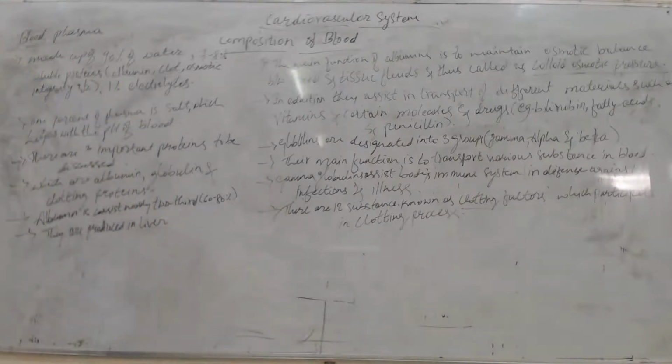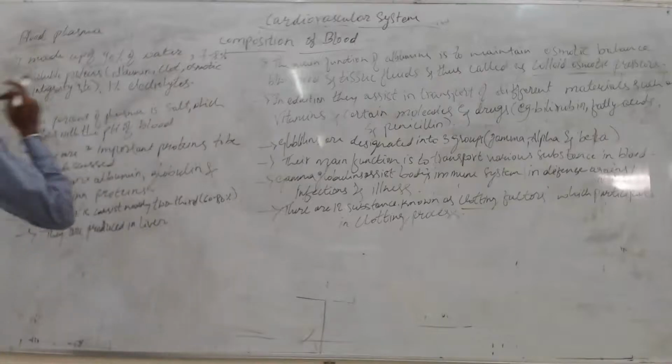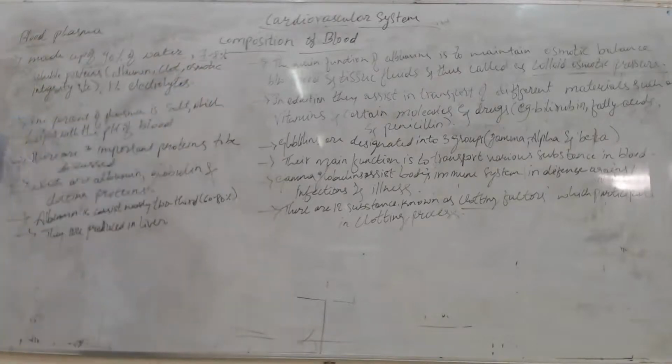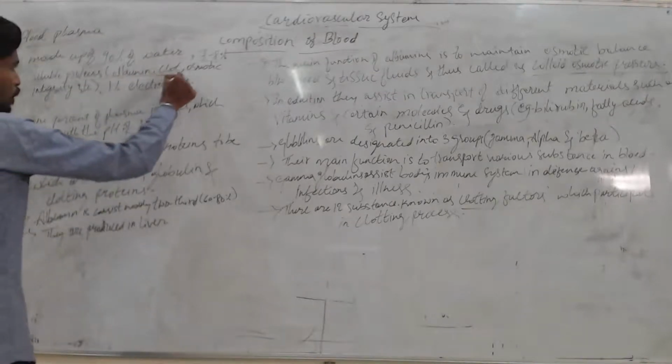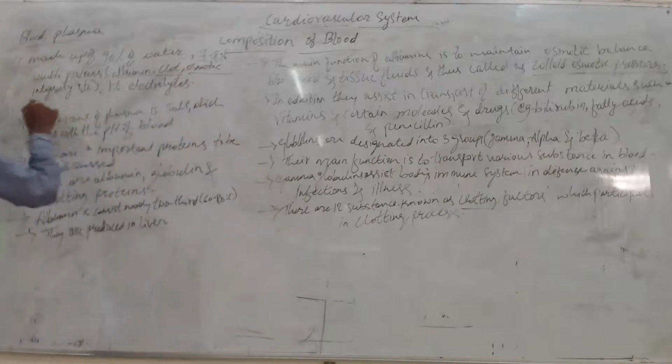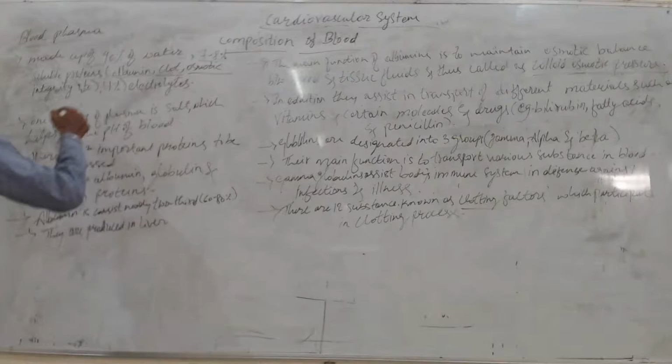To recap, blood plasma is made up of 90% of water and 7 to 8% of soluble proteins, which involve albumin, clotting proteins, and osmotic integrity, and 1% of electrolytes.